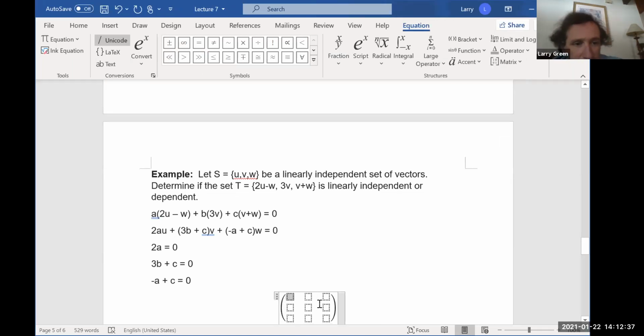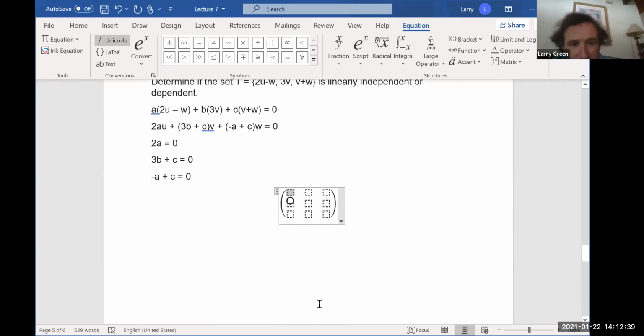The first row will be 2, 0, 0. The second row will be 0, 3, 1. And the third row will be negative 1, 0, 1.